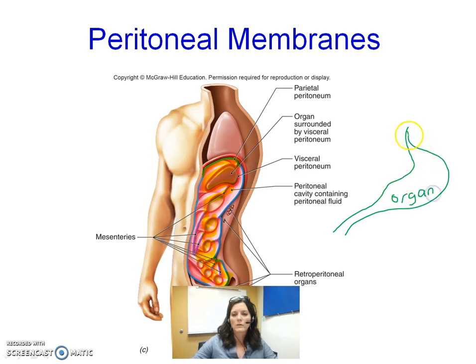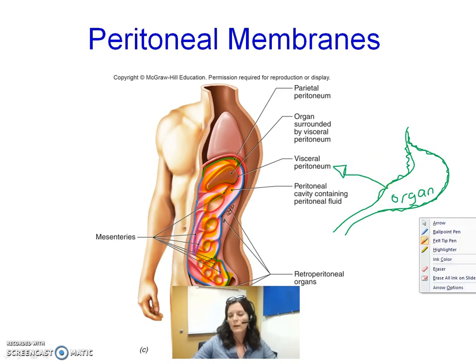So the actual lining on this outside surface of the organ would be the what? It would be the visceral peritoneum. Okay? Then we would have a little bit of fluid, peritoneal fluid, right?